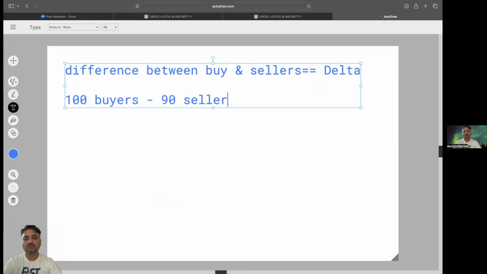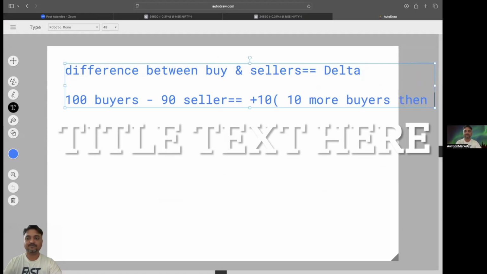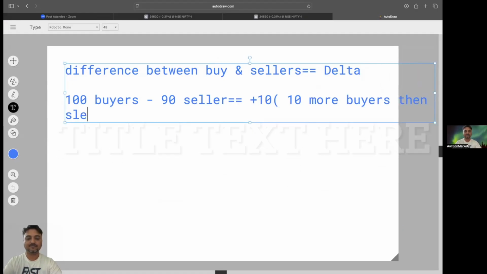So what would be the delta? The delta would be positive 10. The positive 10 represents there are 10 more buyers than sellers. For now, you guys just focus on this.